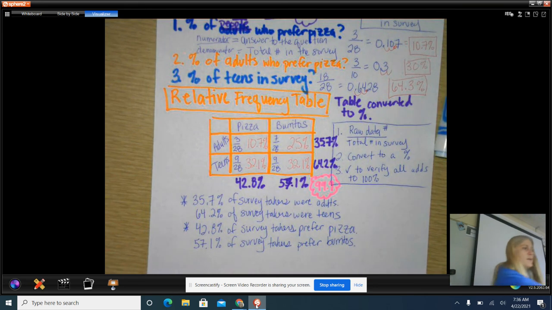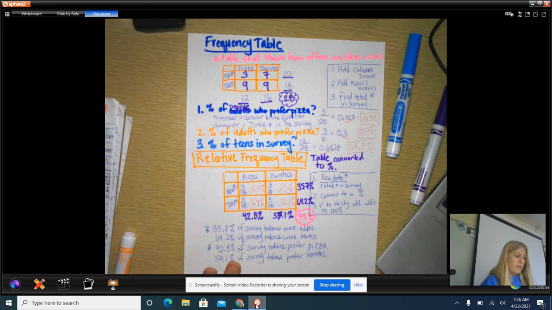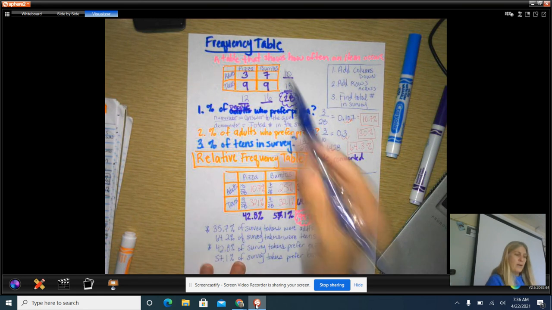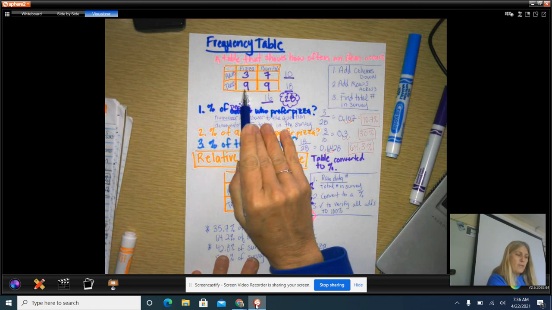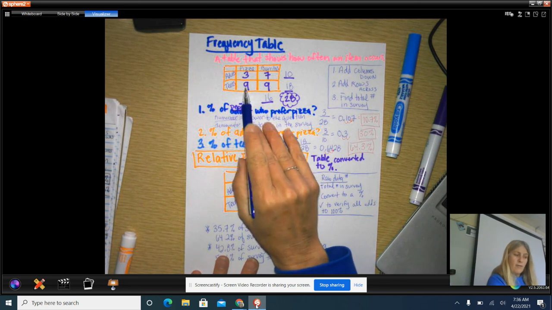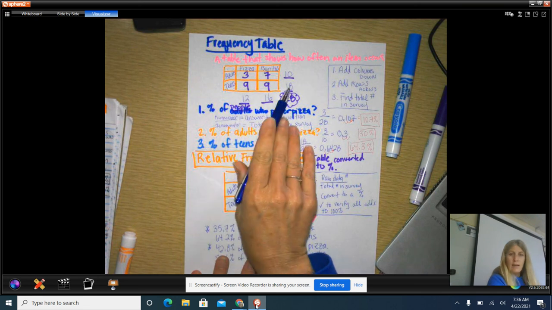Okay, so as we're looking at our two types of tables, our frequency table versus our relative frequency table, you can see the difference. We have just raw data here, but our raw data allows us to get a little bit different information. If I were to ask the percentage of teens that prefer pizza, I'm able to take that there are 9 out of 18, which is 50% of teens.